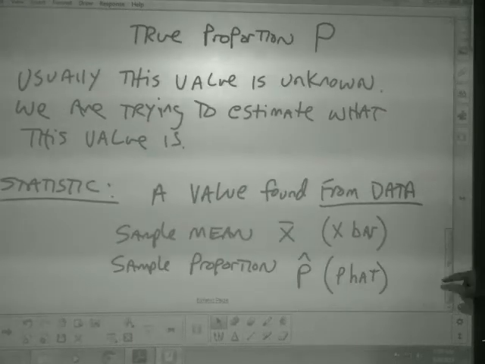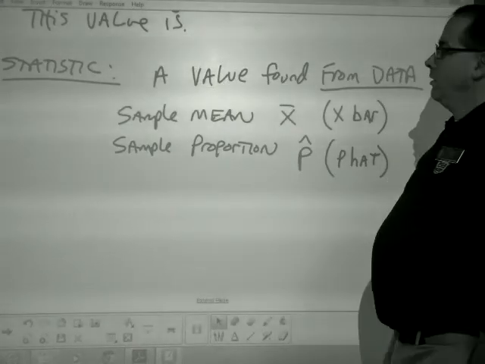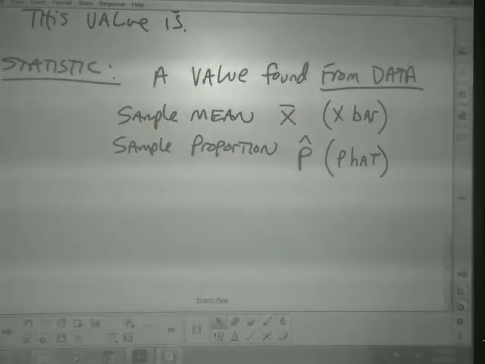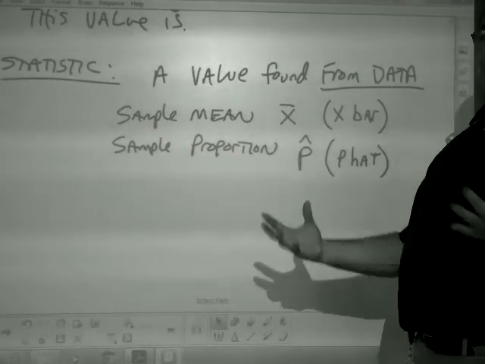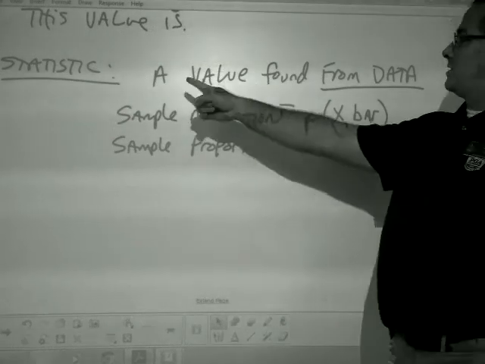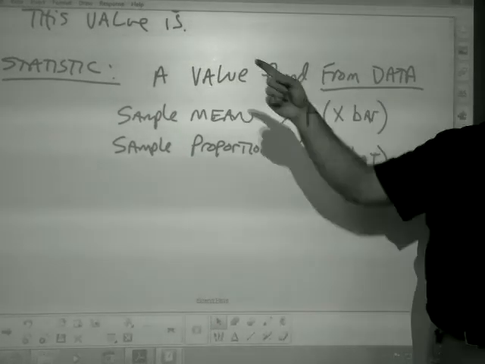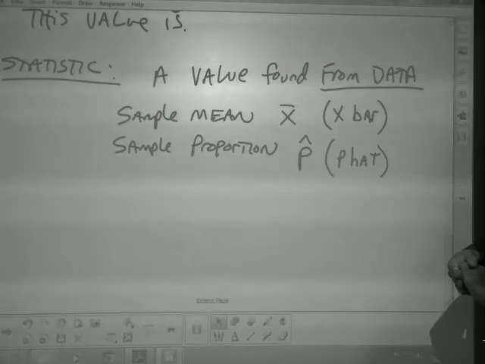Last thing, statistic. You are in statistics. Why do they call it statistics? Because it's a process of gathering data, trying to find out information about the parameter. A statistic is a value found from data. If it comes from data, it's called a statistic. Okay?